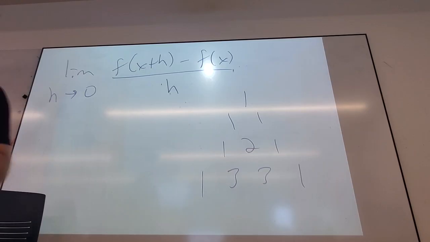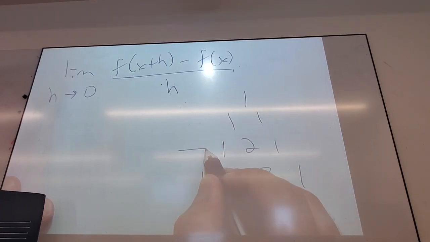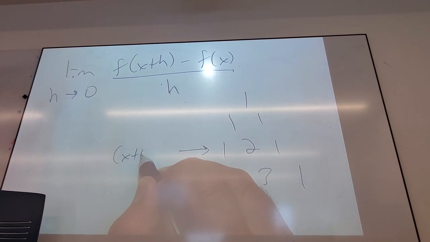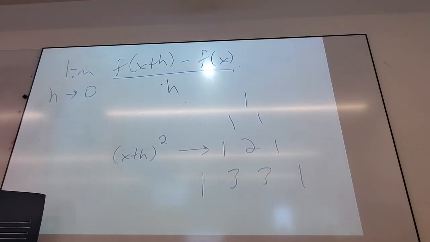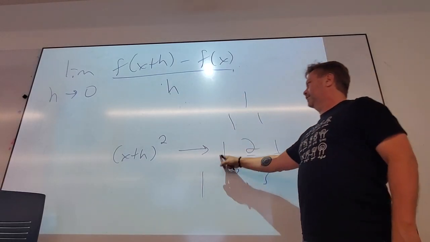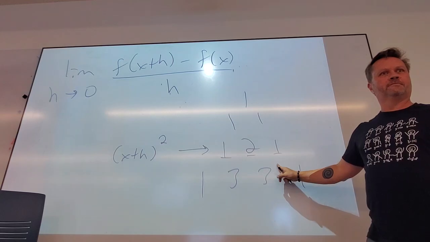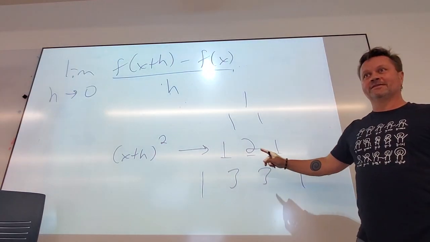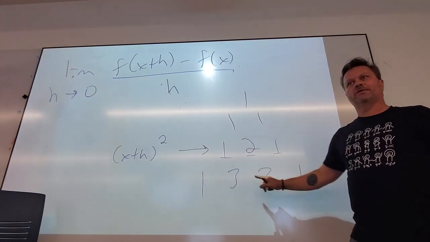Does somebody remember, in the context of multiplying things out, what this row was related to? Second? Was it a plus b to the second? Good, yeah, so this would be something like x plus h to the second power. Or any little binomial to the second power, these would be the coefficients of the answer. x plus 1 squared is x squared plus 2x plus 1. x plus 1 cubed is x cubed plus 3x squared plus 3x plus 1.